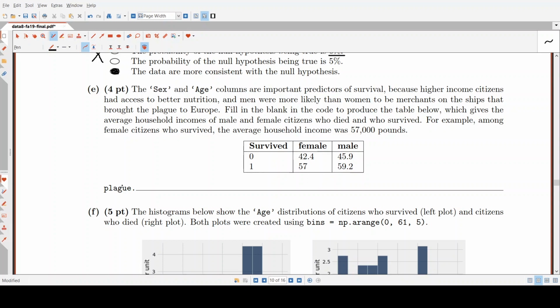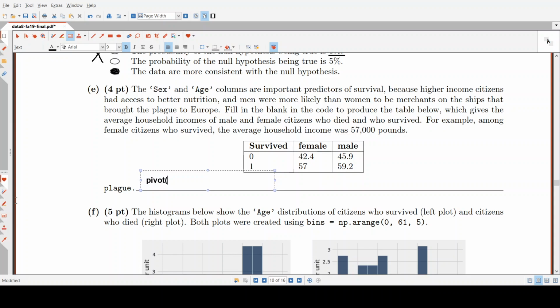For example, among female citizens who survived, the average household income was £57,000. Okay, so here we have a pretty different table than what we originally had in plague. Here we have 3 columns, survived, male, and female, and then our 2 rows are did not survive and did survive. So the function we're going to use here is pivot. So we're going to pivot this table, and pivot can take either 2 arguments or 4 arguments.